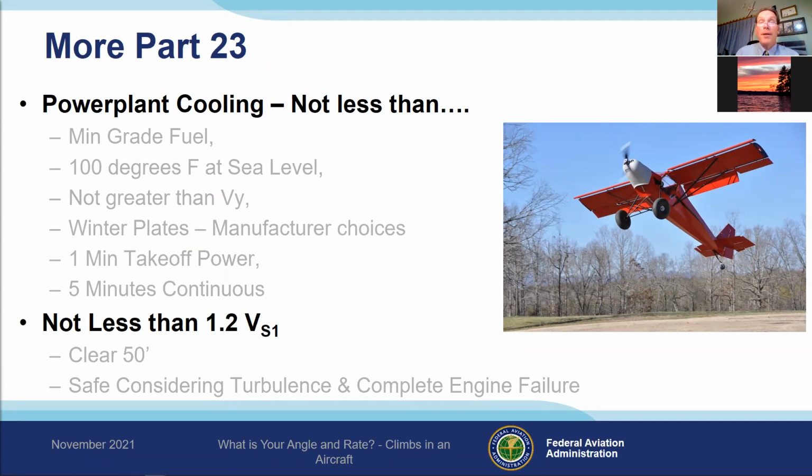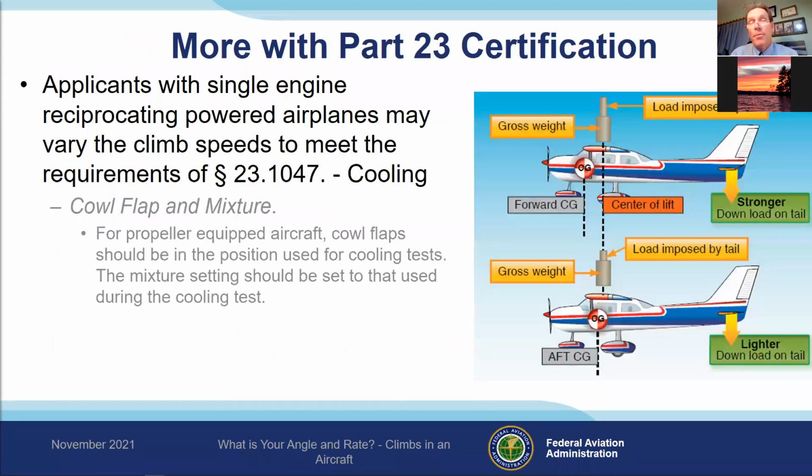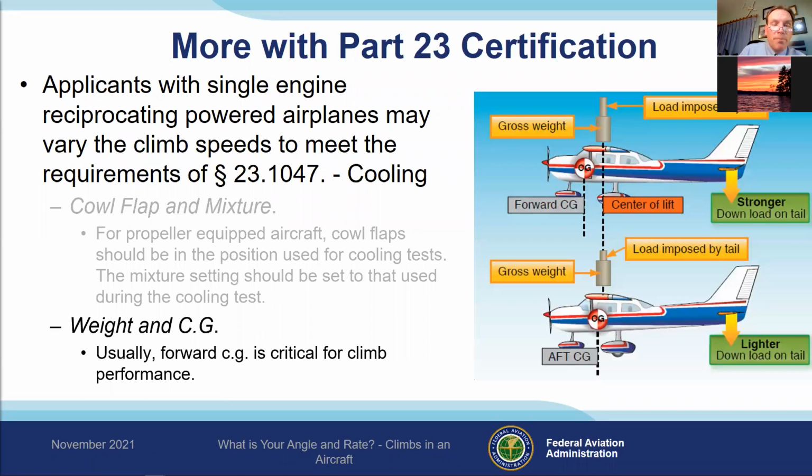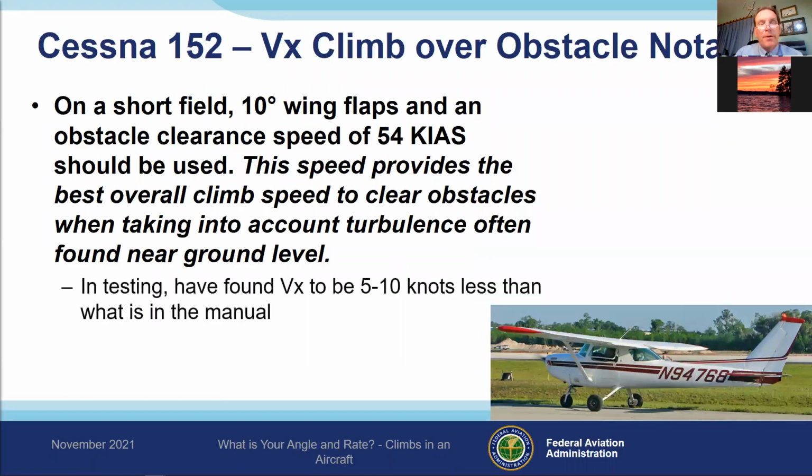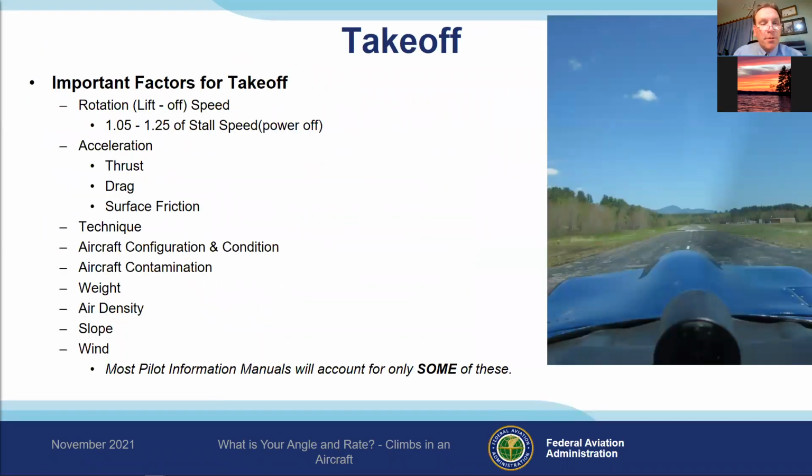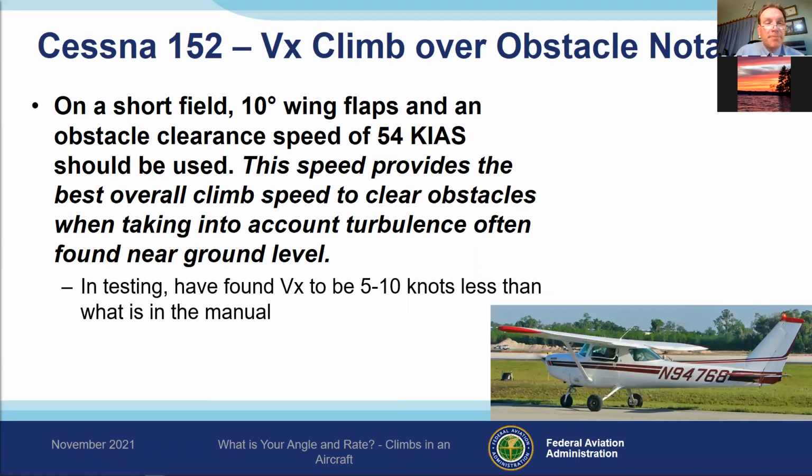It may also be that the pilot is operating the aircraft, neglecting those safety margins. It does happen where people will use aircraft and climb at slightly slower speeds than the manufacturer recommends, but when you're doing that, you are taking on a little bit of added risk.